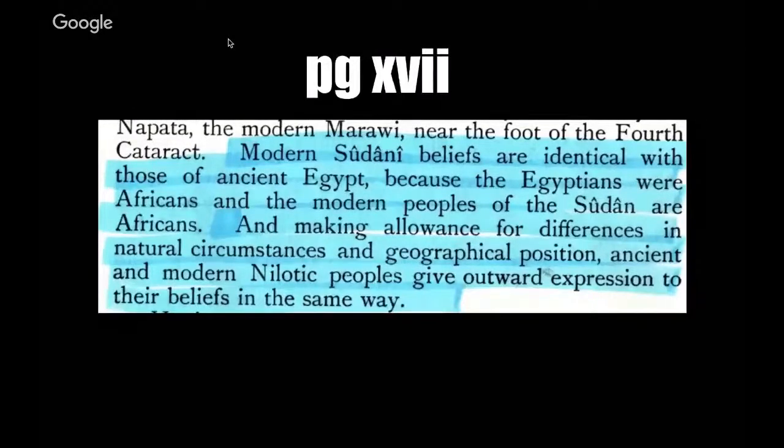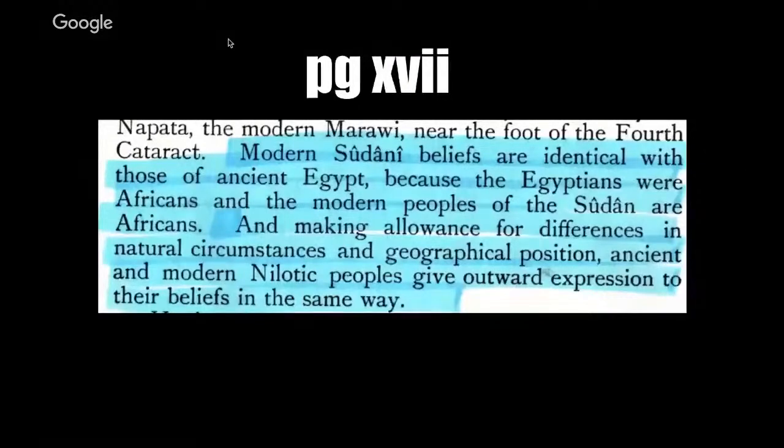Now listen to this. It says modern Sudanese beliefs are identical with those of ancient Egypt because the Egyptians were Africans and the modern peoples of the Sudan are African. So you got the white boy right there giving it up.